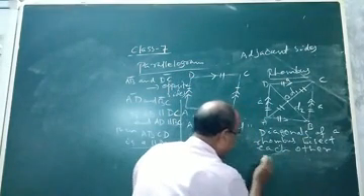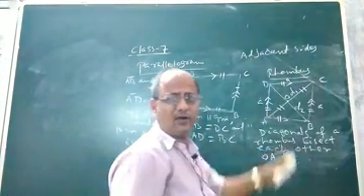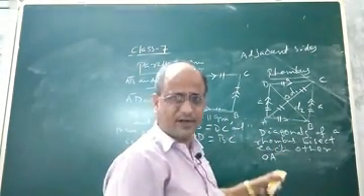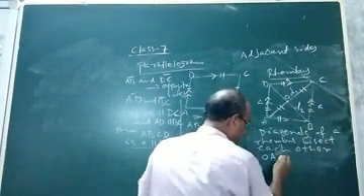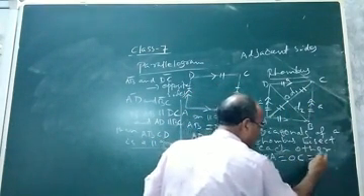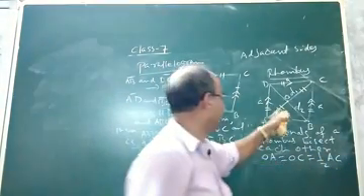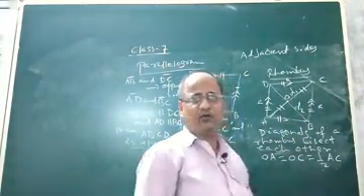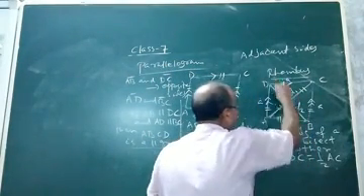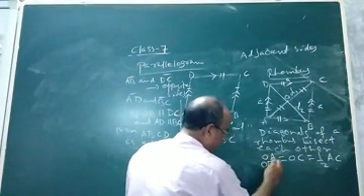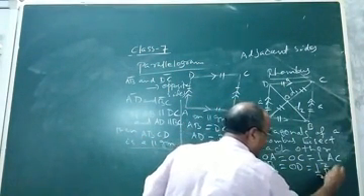What is the meaning of this? The diagonals of a rhombus bisect each other. The meaning is OA and OC will be equal and each equal to half of the diagonal AC. Similarly, OB will be equal to OD and each one will be equal to half of BD.